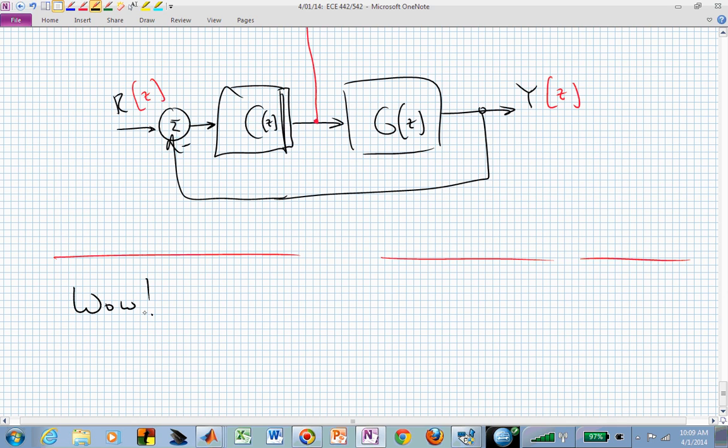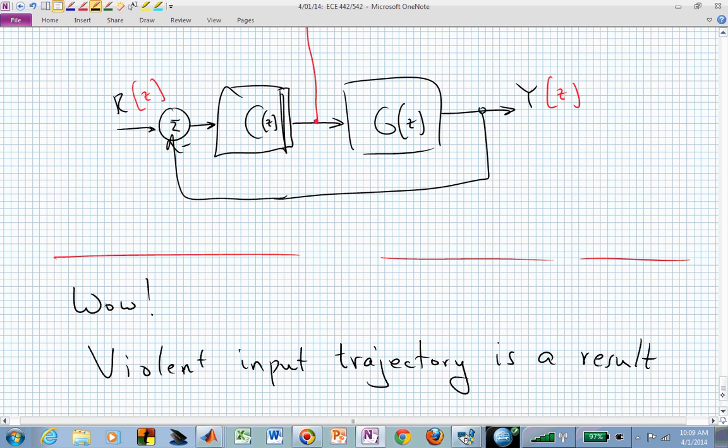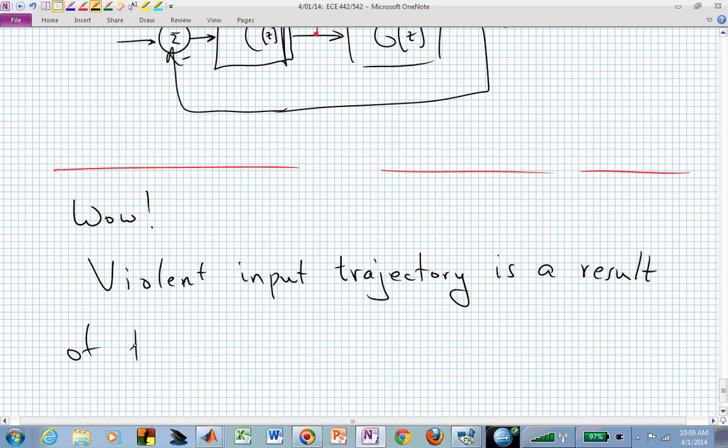We maybe didn't expect that from our step response of the output, but we actually have a violent input trajectory, or the violent input trajectory is a result of the pole at this negative value of minus 0.9934 in C of Z.